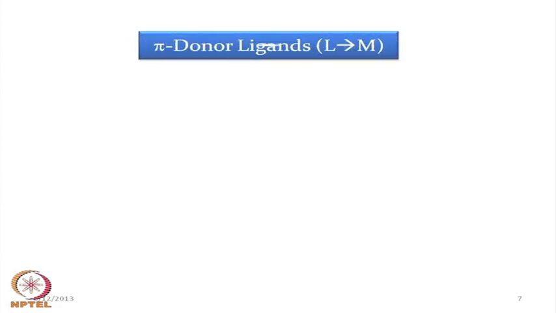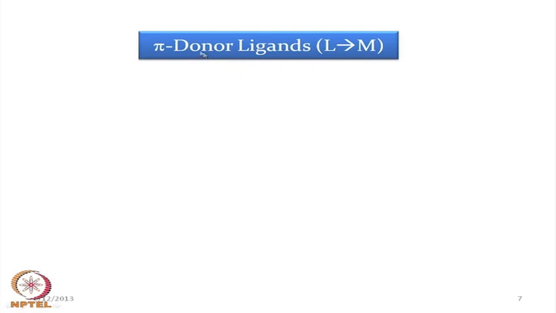So, the carbon monoxide molecule is the ligand system which can accept the electron density from the metal. So, it is behaving as a pi acceptor ligand.